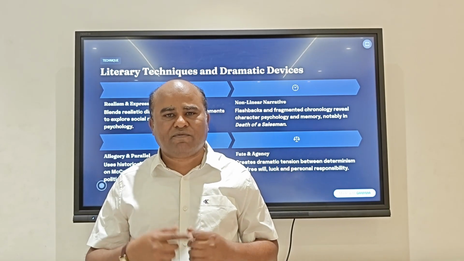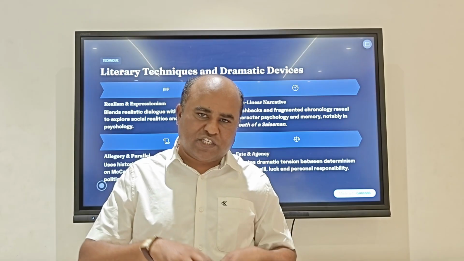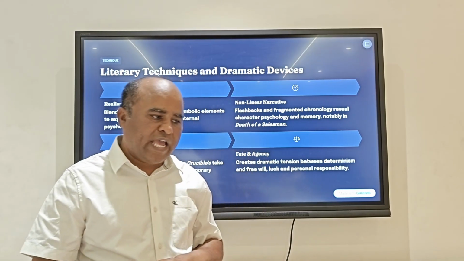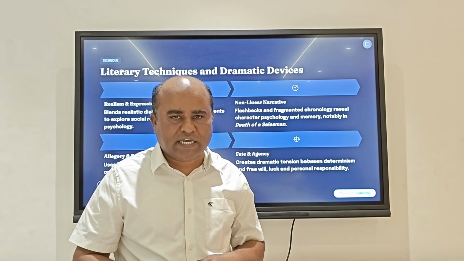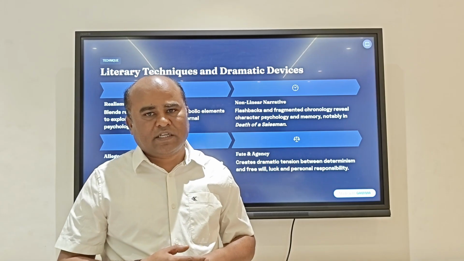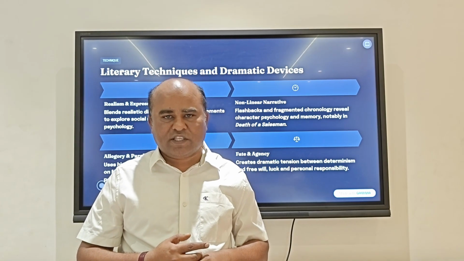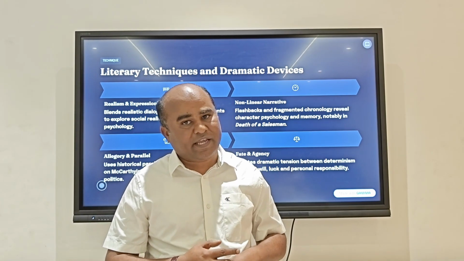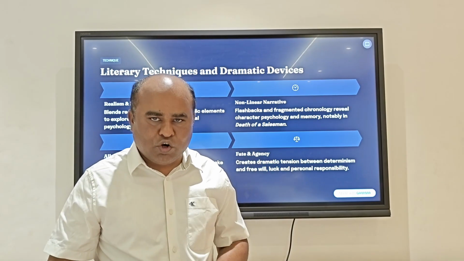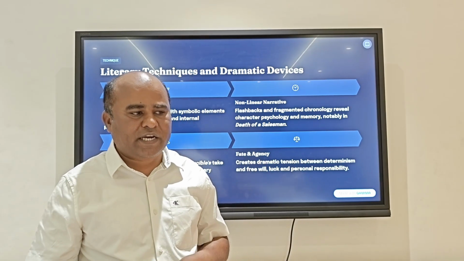in the last lecture, when we were talking about influences working on Miller, we actually talked about two playwrights. I told you that it was Henrik Ibsen who influenced him a great deal, and at the same time, Anton Chekhov also influenced him a great deal.